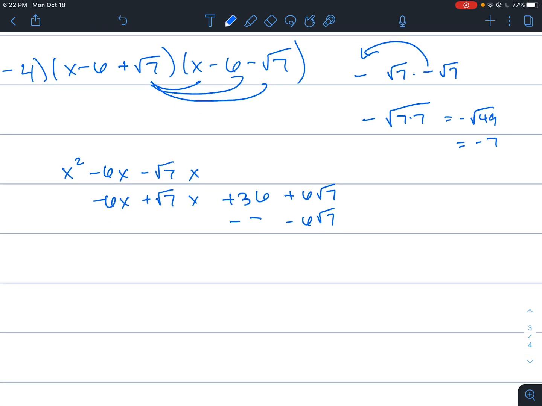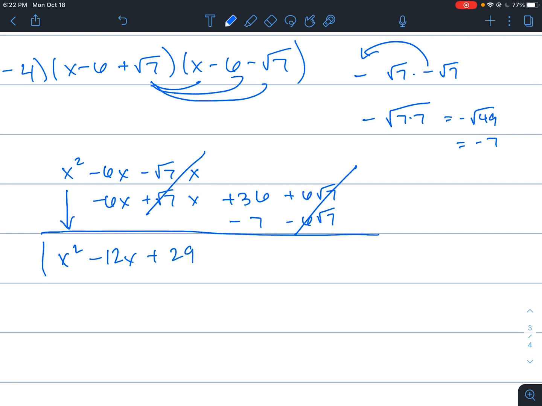So minus 7 here. Let's add up our terms. We have x squared minus 12x. The radical terms cancel. Then I'll be left with 36 minus 7, which gives me 29. So plus 29. And there you go.